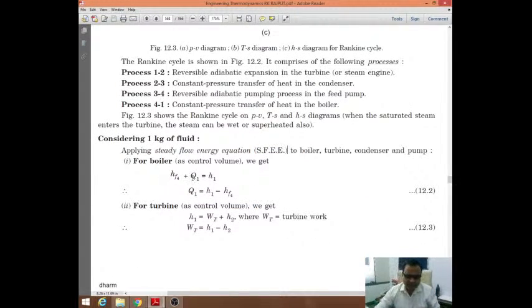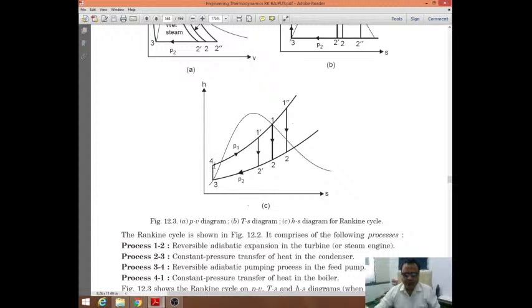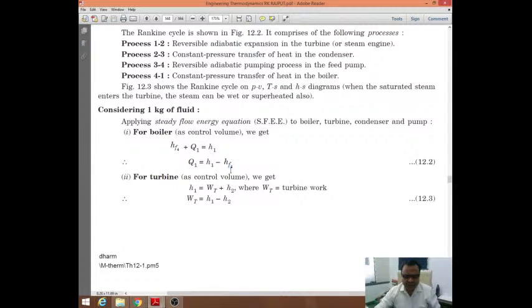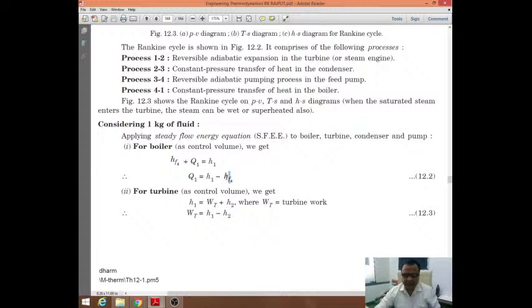If you want to find the heat added in the boiler, you simply find the difference between the enthalpy after the boiling process and the enthalpy before it, that is H1 minus H4. Here, instead of H4, hf4 is written, which indicates that at point 4 it is liquid. It is not steam, it is a subcooled liquid at point 4. So that's why instead of H4 it is written hf4.